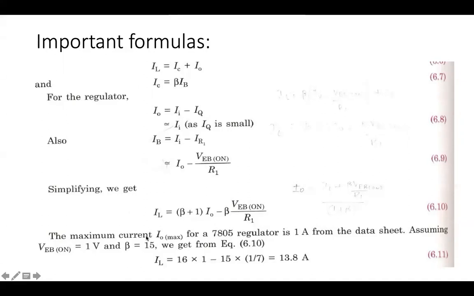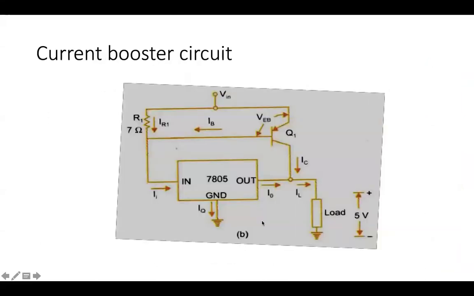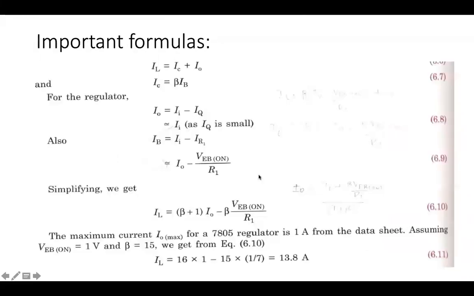So the maximum current that we are looking at, the output maximum for this regulator 7805. Now leave about the collector current, leave about the load current. The maximum that comes out from this IC is 1 amp. So this is based on the data sheets here.